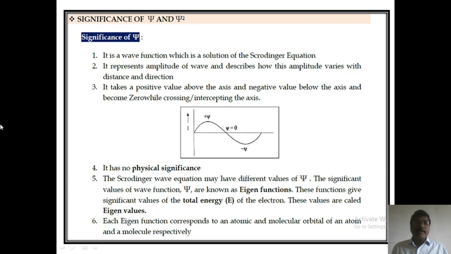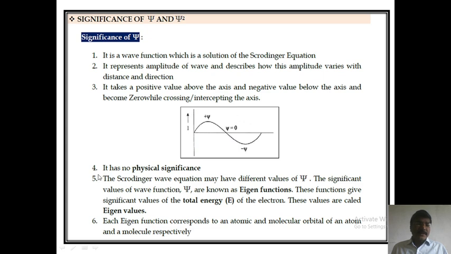Second one, it represents amplitude of wave and describes how this amplitude varies with distance and direction. Third one, it takes a positive value above the axis and negative value below the axis and becomes 0 while crossing or intercepting the axis. So if intensity is taken on y-axis and wave function on x-axis, we get this graph.